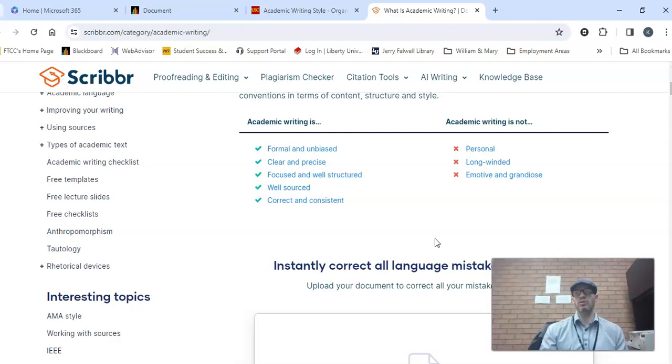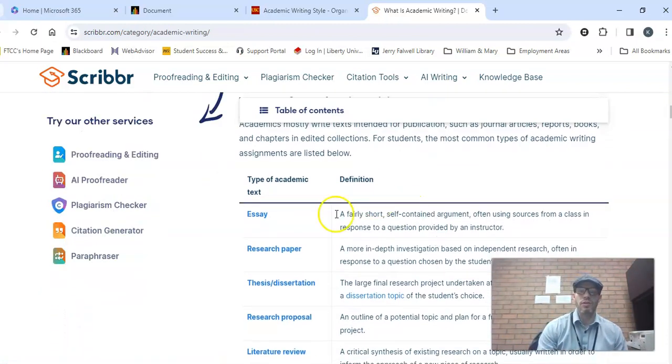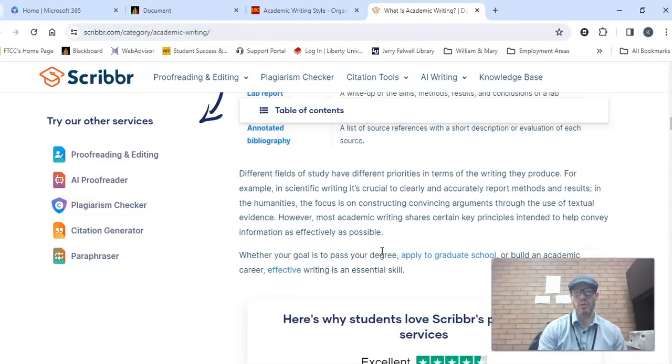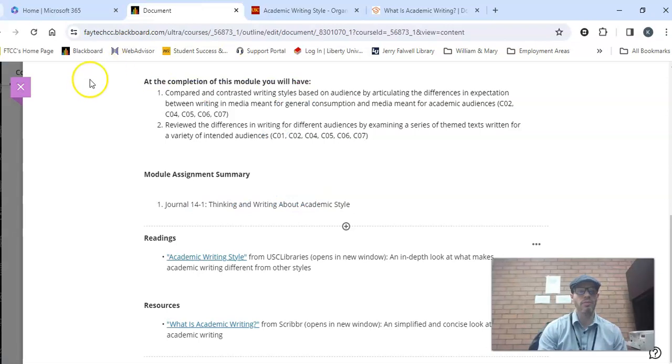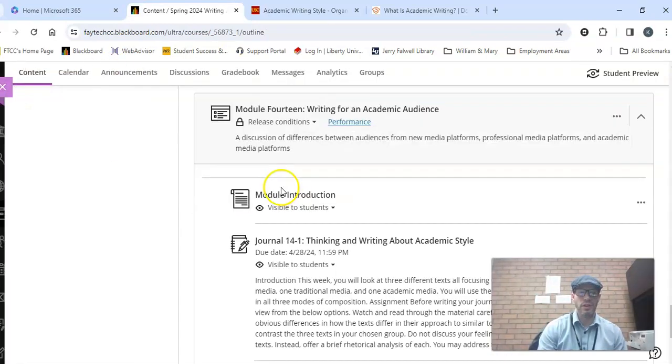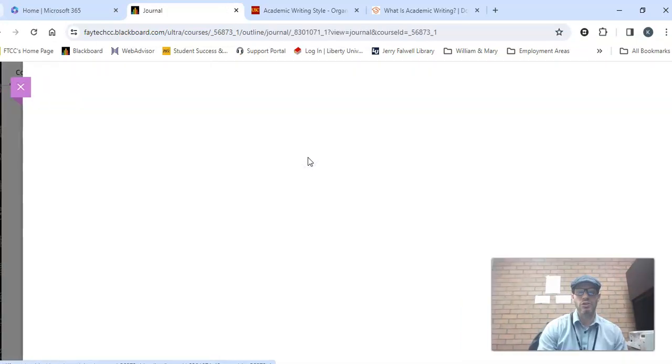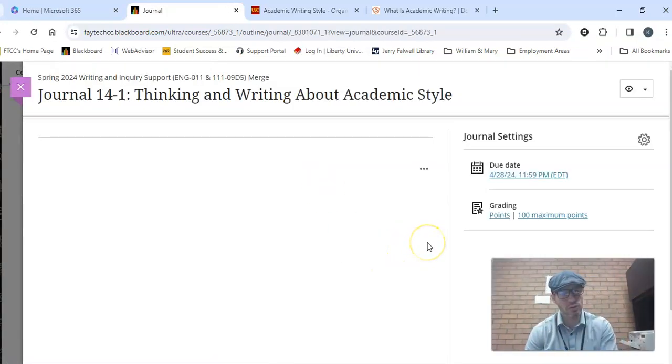It's not making sweeping, epic claims about the human condition. There's no poetry. It's much more precise, unbiased, and objective language. There's a lot of other things that it points out about academic writing, so make sure you look at this text as well.